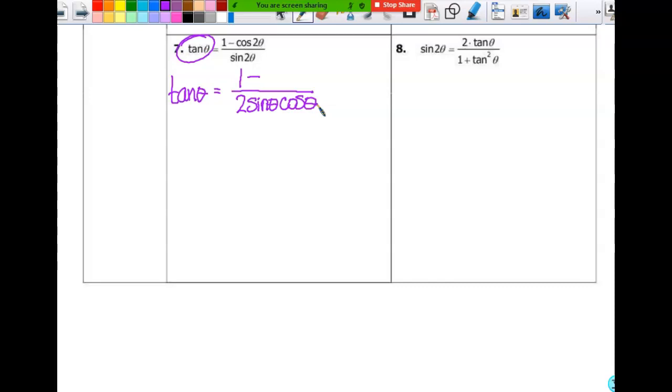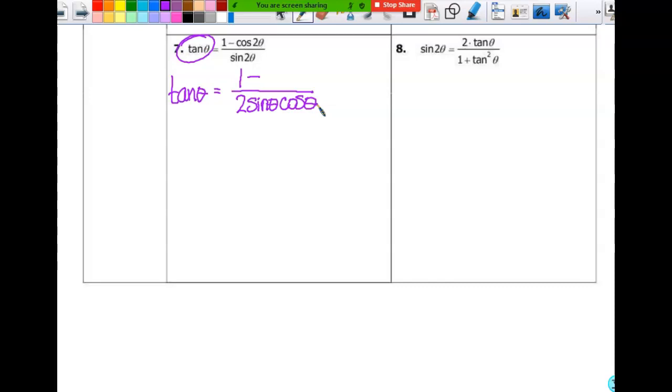So, I want to think about what my goal is. My goal is tangent, which I know is sine over cosine, which I have a feeling is going to come into play here, given that I've got sines and cosines on the right-hand side, which means I'm going to need to get a sine out of the denominator. So when I look at my choices, I'm definitely going to have to use either choice 1 or 2 so that it at least has a sine in it, right?